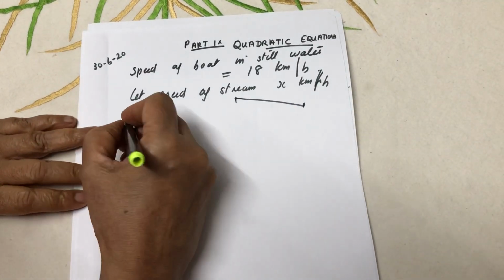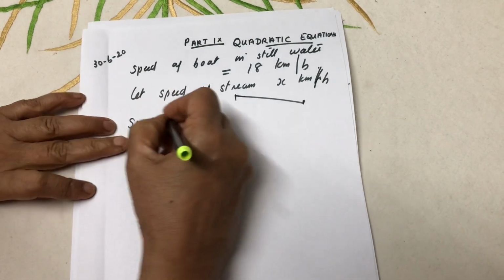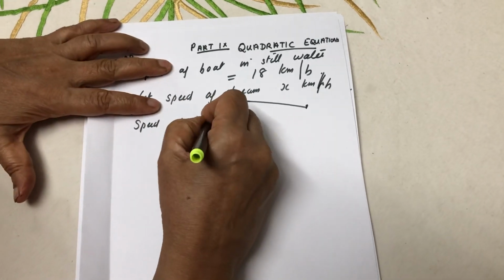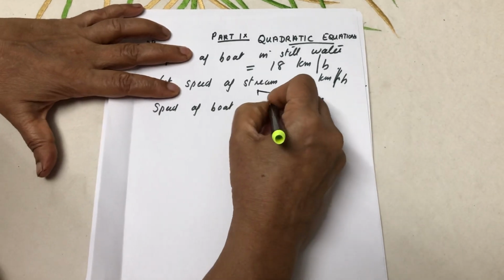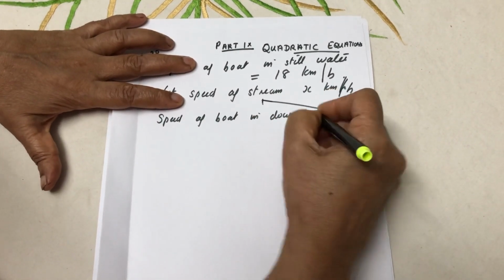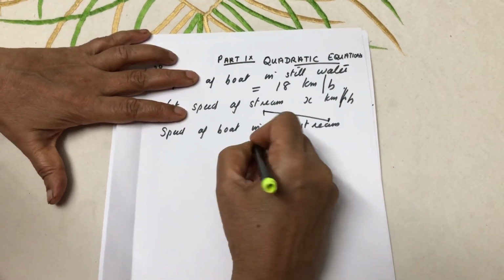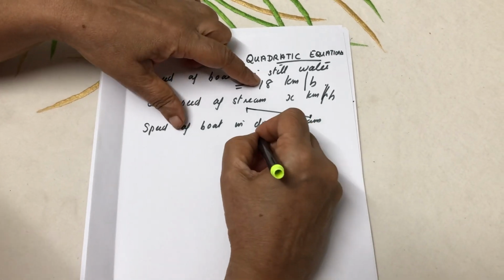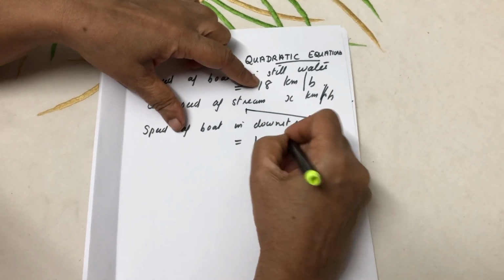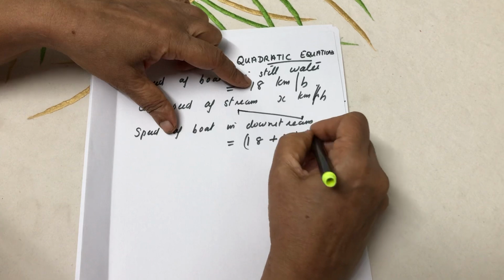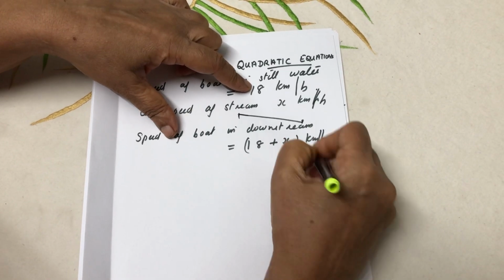So you can write, speed of boat in downstream is equal to 18 plus x km per hour.